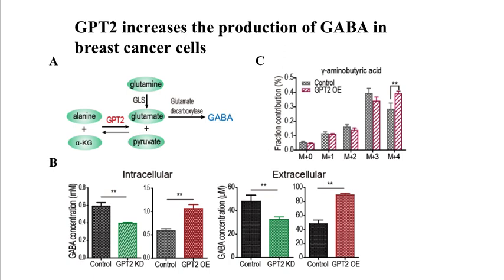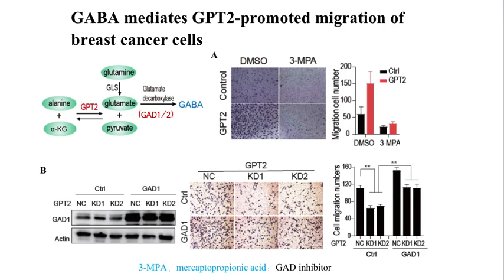We found that overexpression of GPT-2 increased GABA content through metabolic mass spectrometry experiments, indicating that GPT-2 increased GABA content by increasing glutamate concentration. Thus, GABA mediates GPT2-promoted migration of breast cancer cells. 3-MPA is an inhibitor of GAD, which is an enzyme that generates GABA.